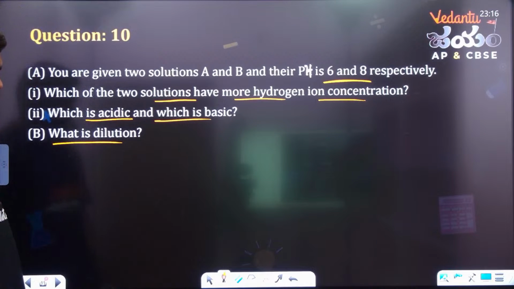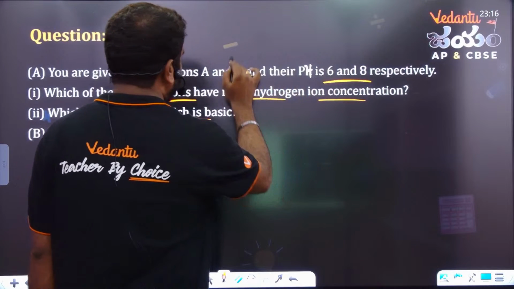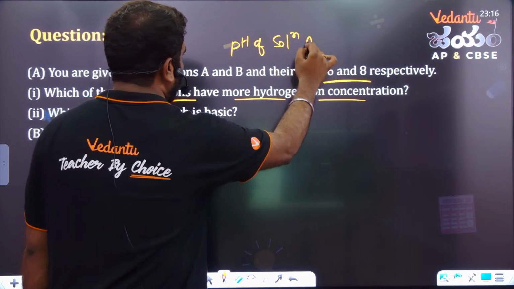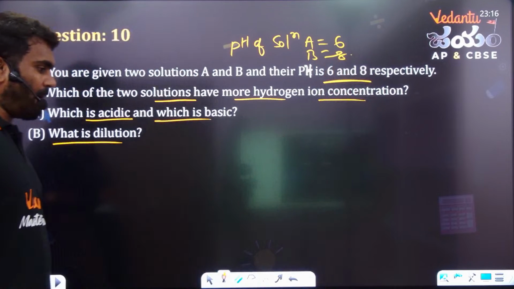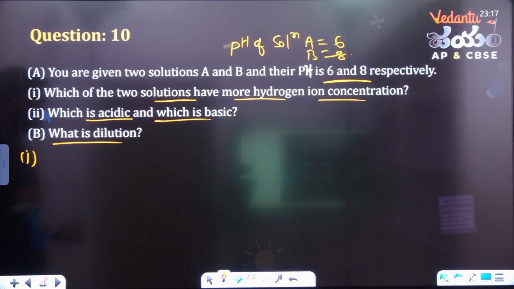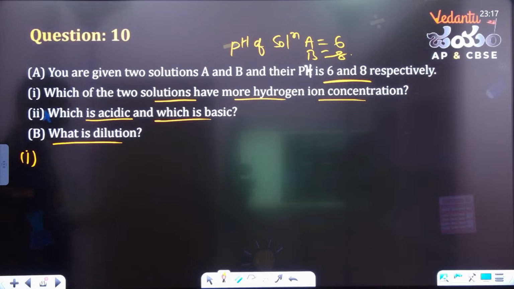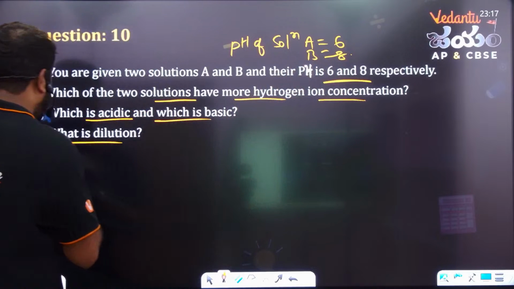Okay, so pH of solution A is what beta? 6 and B is 8. కదా, B ఏంది మనకి 8 కదా. సో ఫస్ట్ క్వశ్చన్కి ఆన్సర్ రాయండి. సో ఫస్ట్ క్వశ్చన్ ఆన్సర్ ఏంటి బేటా, solution A will have the higher hydrogen ion concentration. సో ఇక్కడ చూడండి 6 ఉంది కాబట్టి హయ్యర్ హైడ్రోజన్ కాన్సన్ట్రేషన్ ఉంటుంది.